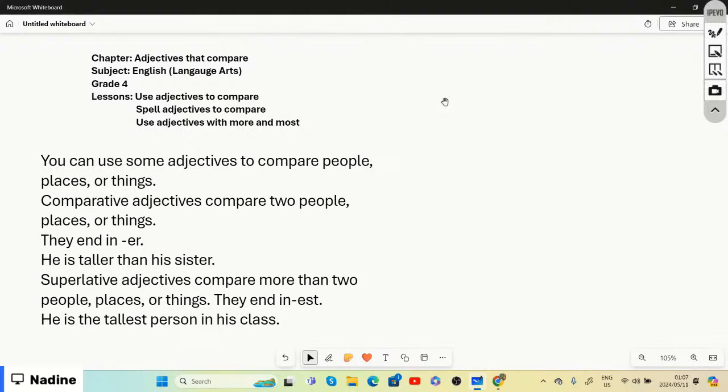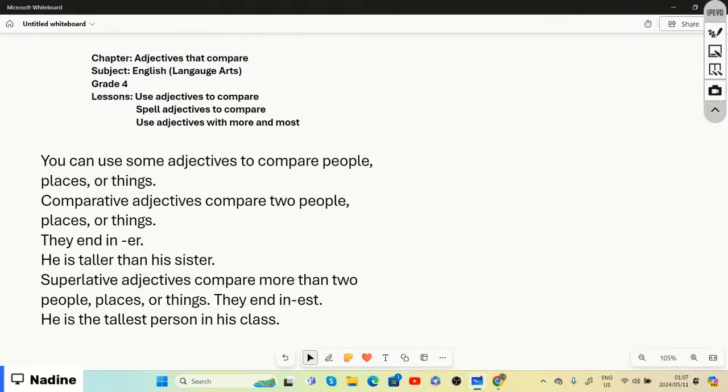Comparative adjectives compare people, places, or things.